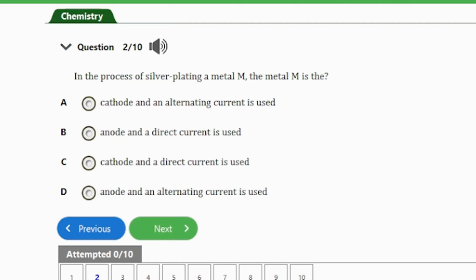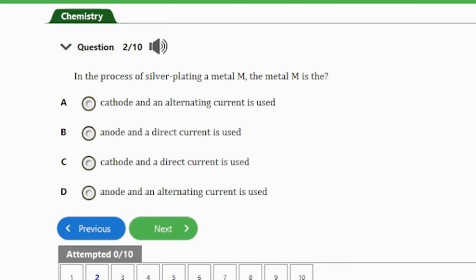Question number 2. It says, in the process of silver plating a metal M, the metal M is the: A, cathode, and an alternating current is used; B, anode, and a direct current is used; C, cathode, and a direct current is used; D, anode, and an alternating current is used.